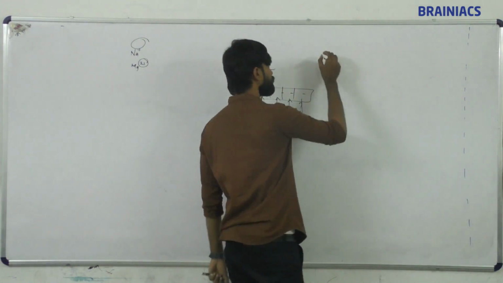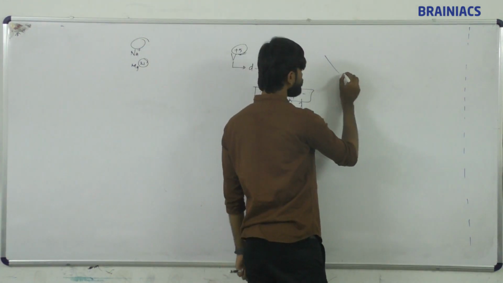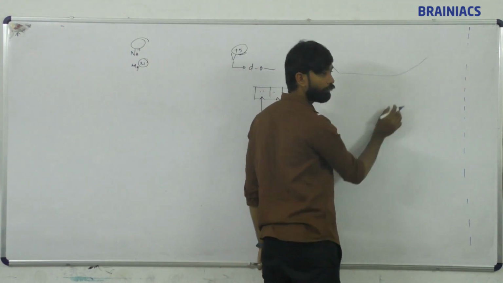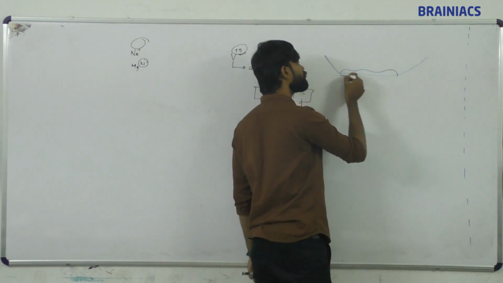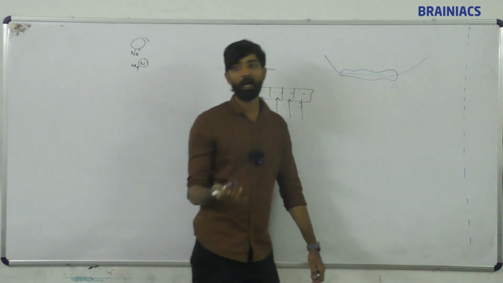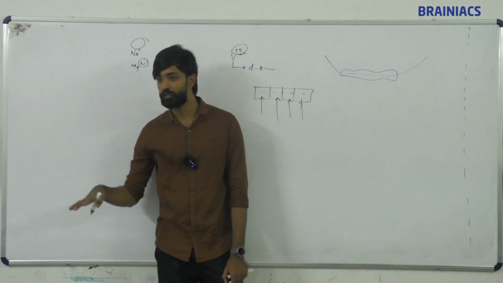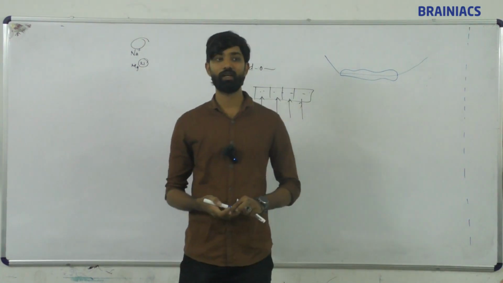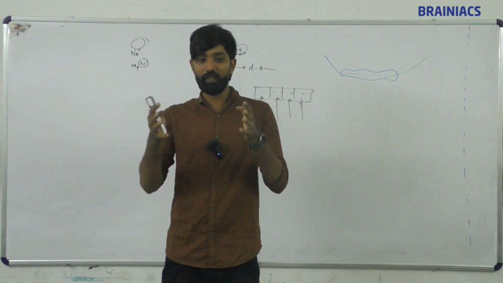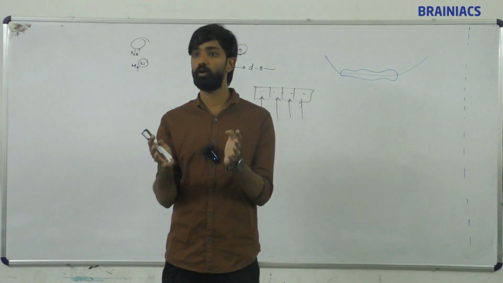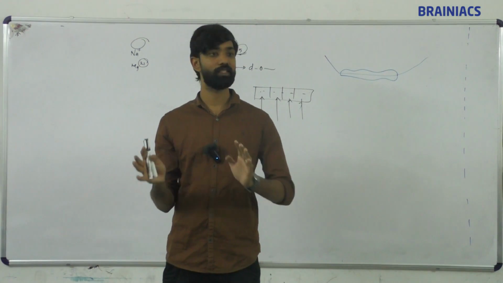From left to right, size first decreases. So almost all transition elements, for example iron, chromium, manganese, have a similar kind of size. Since they all have the same size, they can be easily mixed to form a homogeneous mixture.